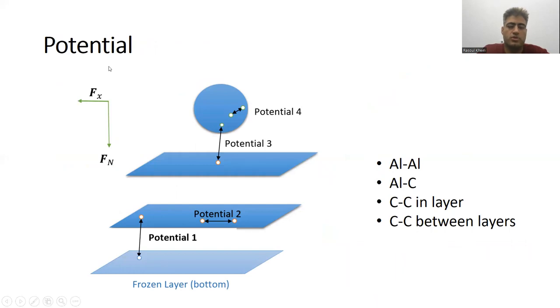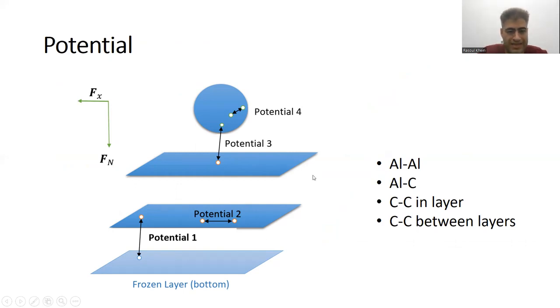To build the molecular dynamic potential, we need four kinds of potential, or a complicated potential of many-body forces, to consider these interactions.